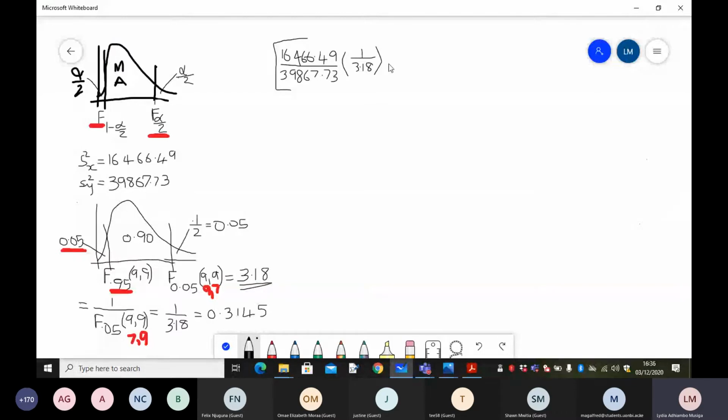Let me just write this: 16,466.49 divided by 3986.73, and we multiply that by 1 over 3.18, which is 0.3145.